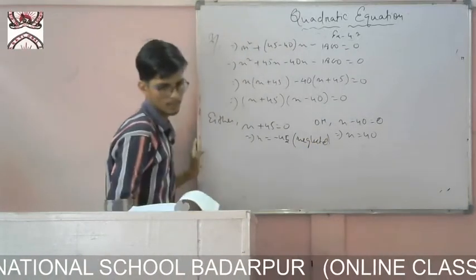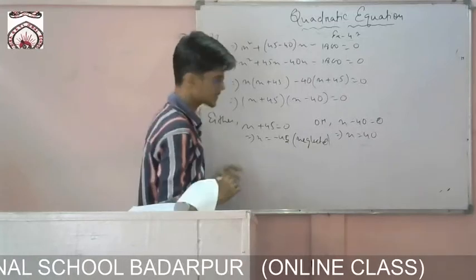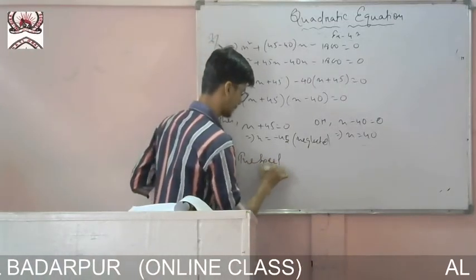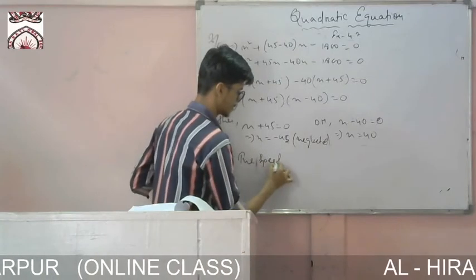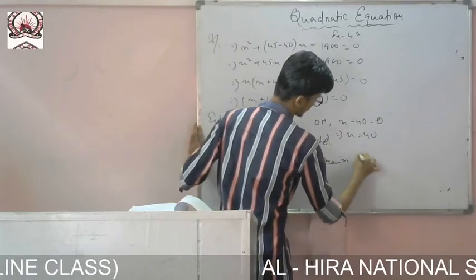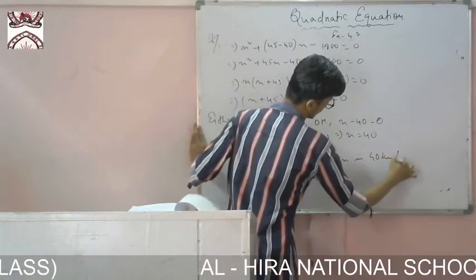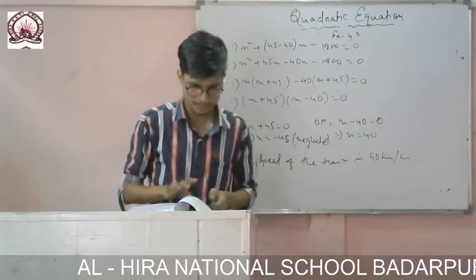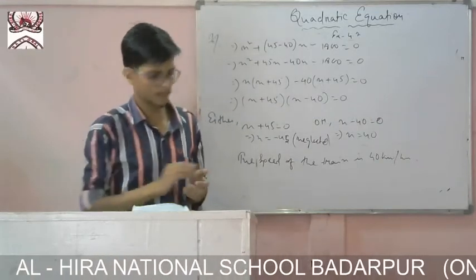Therefore, the speed of the train is 40 km per hour. Alhamdulillah.